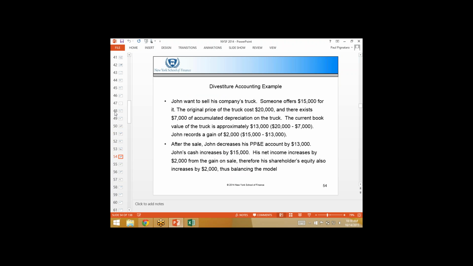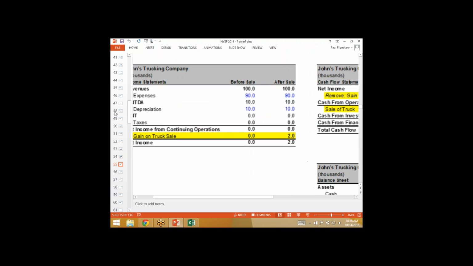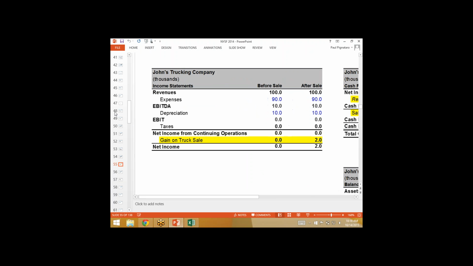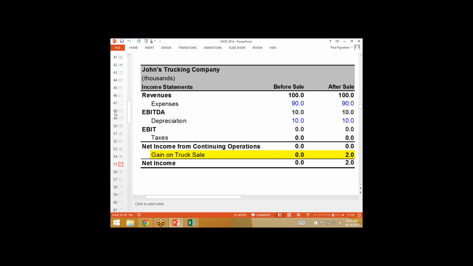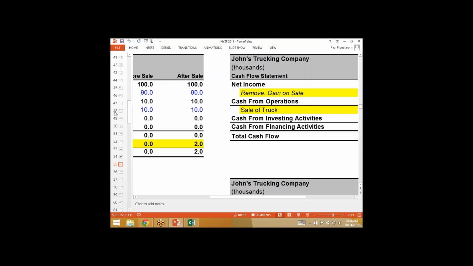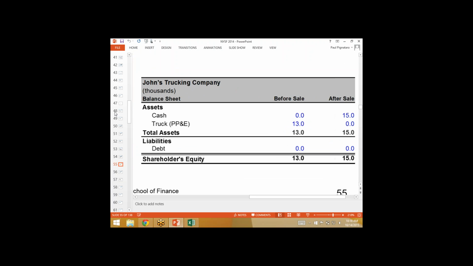Would that be like a line item that you put in for, let's say, other income? Let's talk about how it goes. So here is the income statement, cash flow statement, balance sheet. Before the sale, and what I want to do is go over actually to the balance sheet first. Before the sale, what do we have? We had this truck.